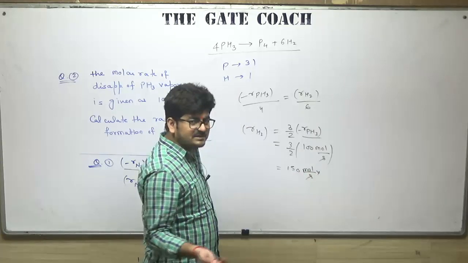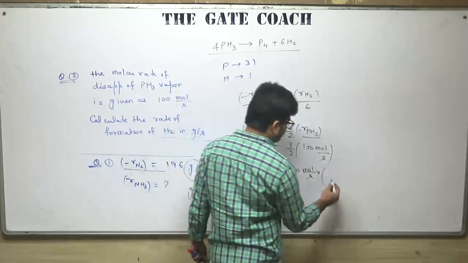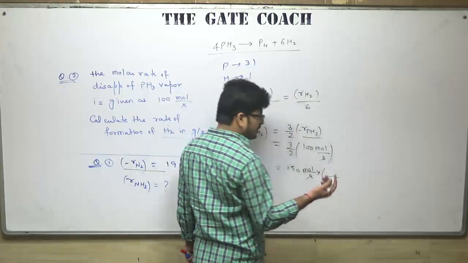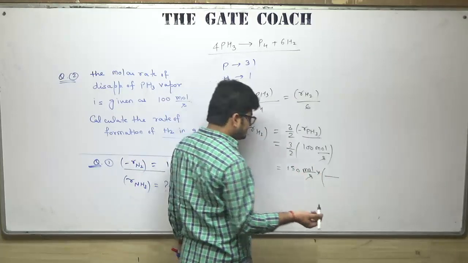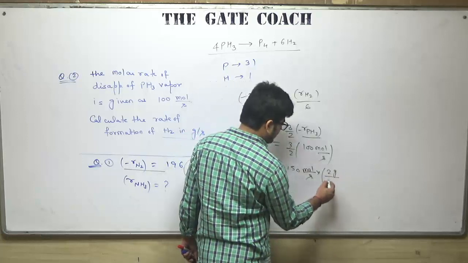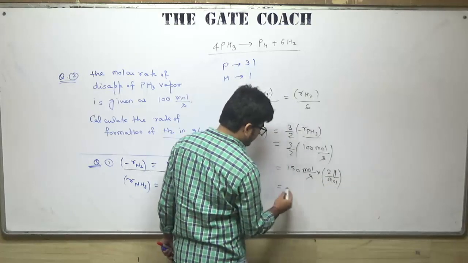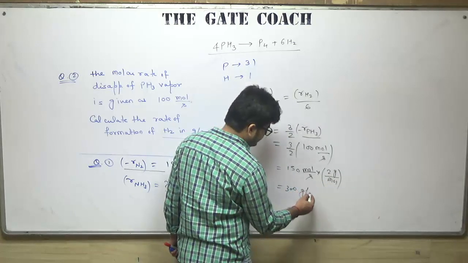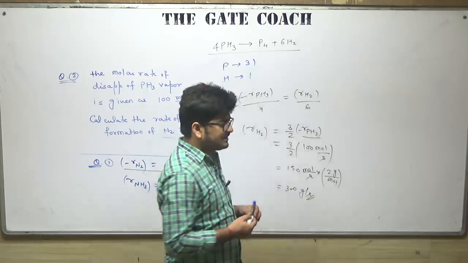But we have to answer in gram per second. For hydrogen the molecular weight is 2 gram by gram mole. So it will be 300 gram per second. Simple.